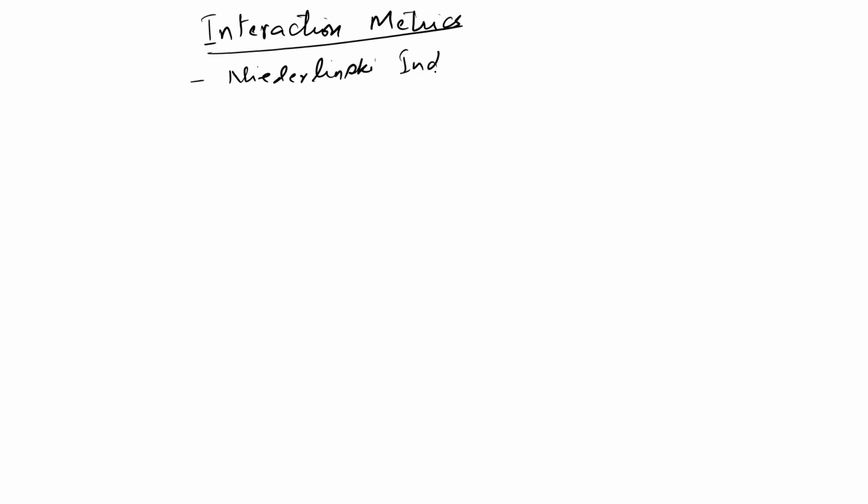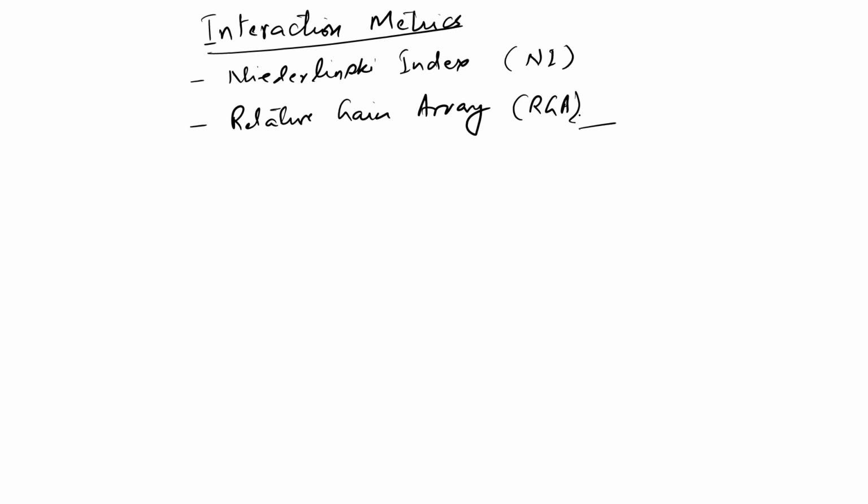And number two is the relative gain array, and we'll talk about both. So let's look at the Niederlinsky index first. I'll just call it NI, and this is called RGA.